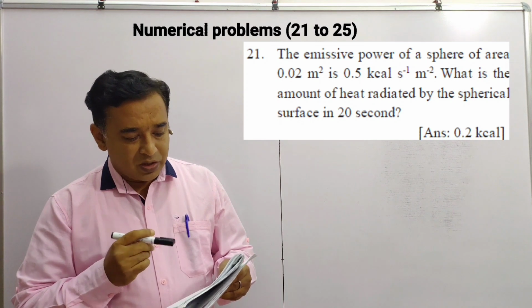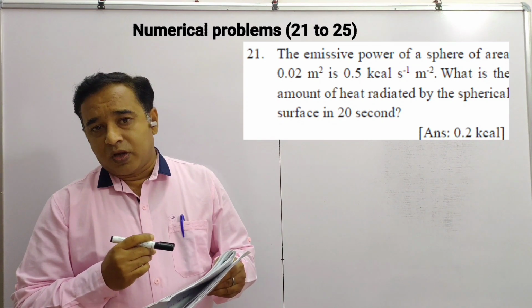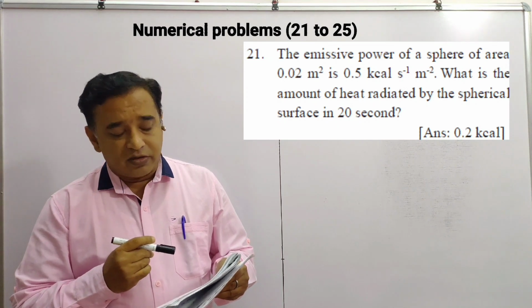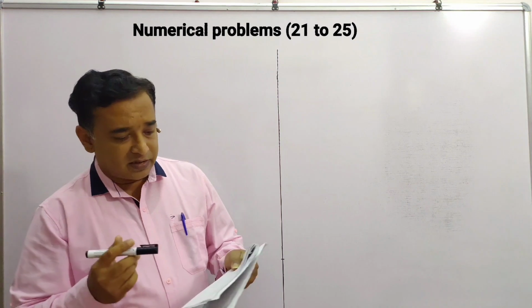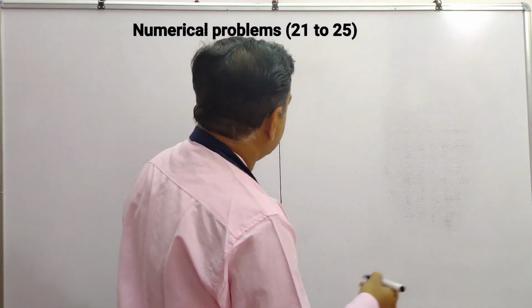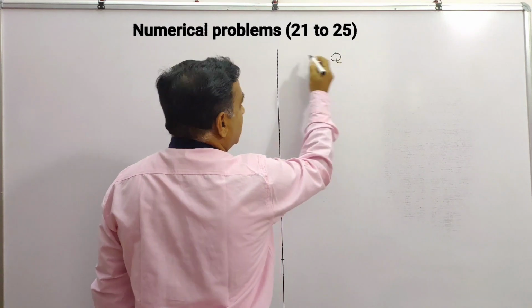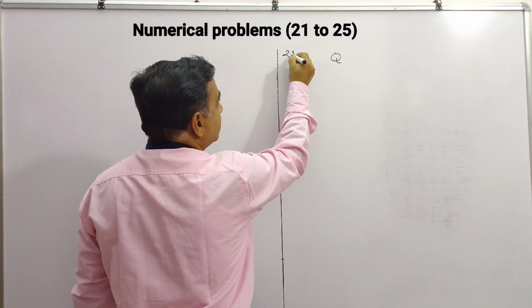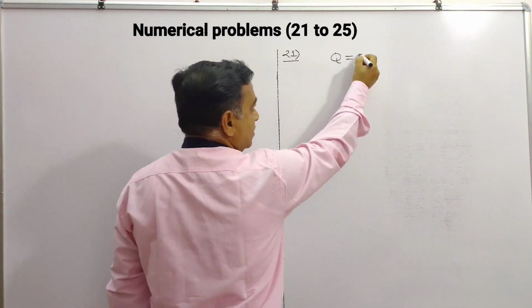And one more thing is given, that is E, and we need to calculate the value of Q. So let us calculate this Q. Before that, for problem 21, Q is equal to how much?